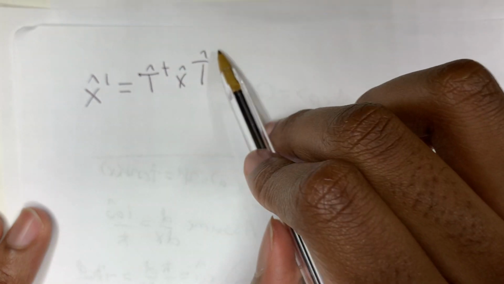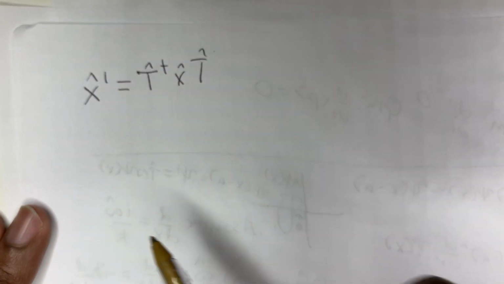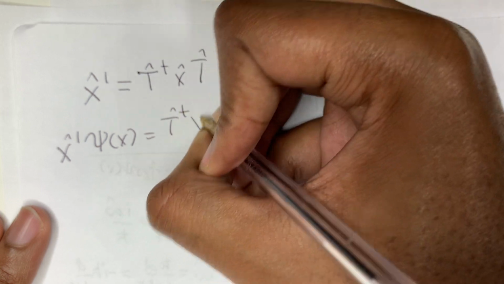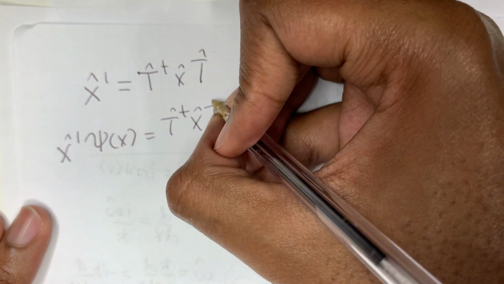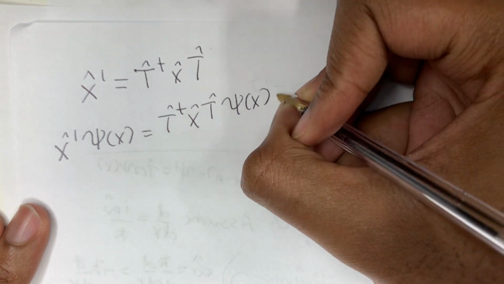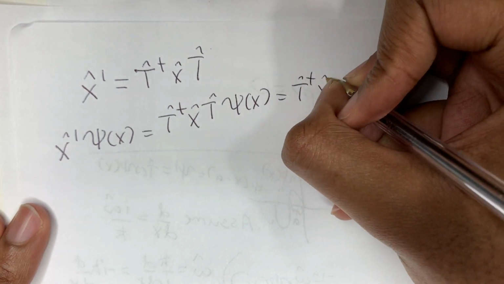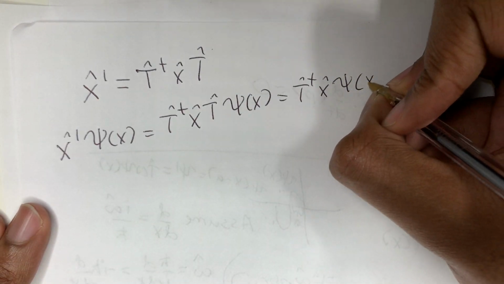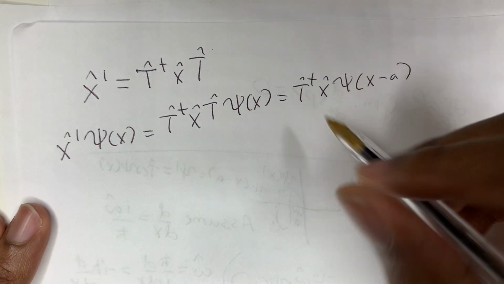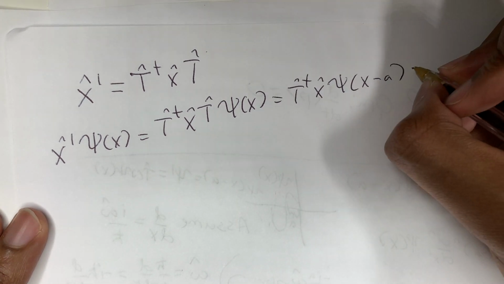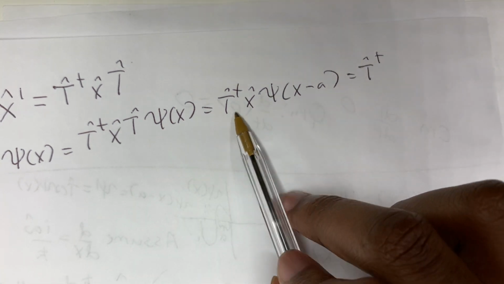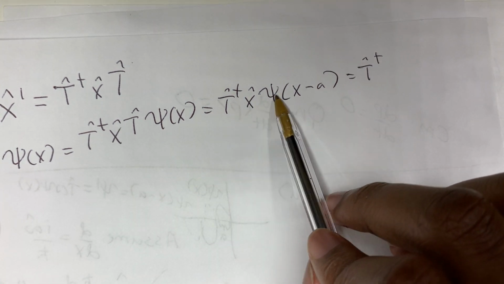To make this calculation easier, we're going to plug in a test function psi that we can later cancel out. So T hat dagger, x hat, T hat, psi of x. Now T hat operating on psi of x is just psi of x minus a by definition. So we can just keep going here. We have T hat dagger, the position operator, times psi of x minus a.